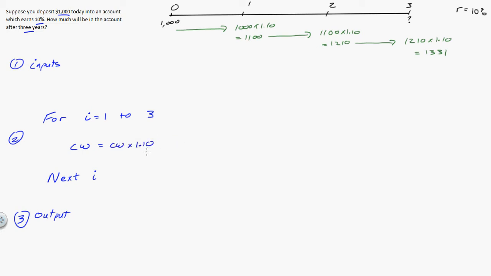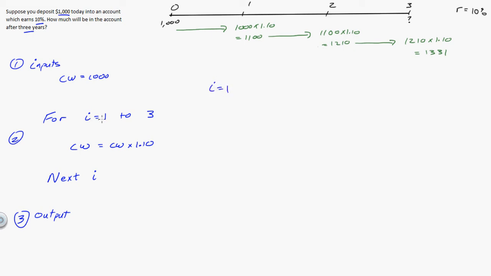Now let's go through this and see exactly what's going on. So first it has to say CW is equal to something, so CW is equal to 1,000. I tell it that right here, and it also knows we go 3 loops and we have 10%, so we'll worry about how we get that information in later. Alright, so I is equal to 1.